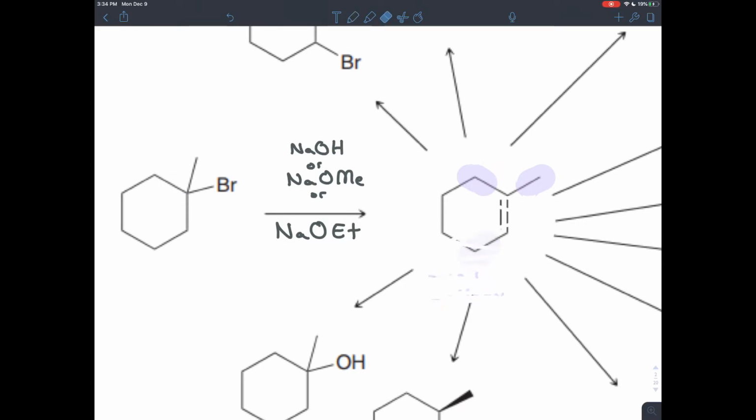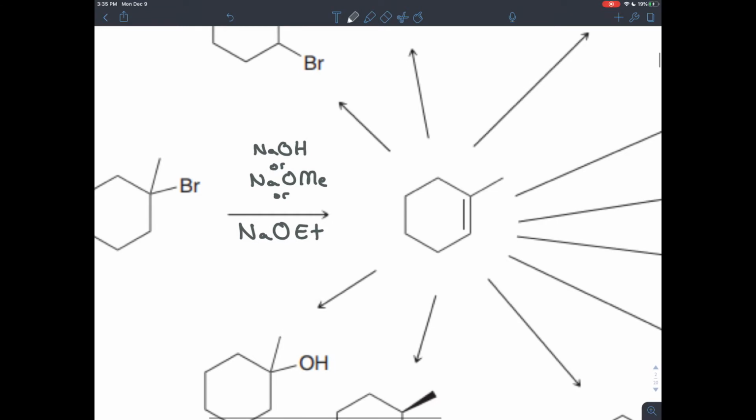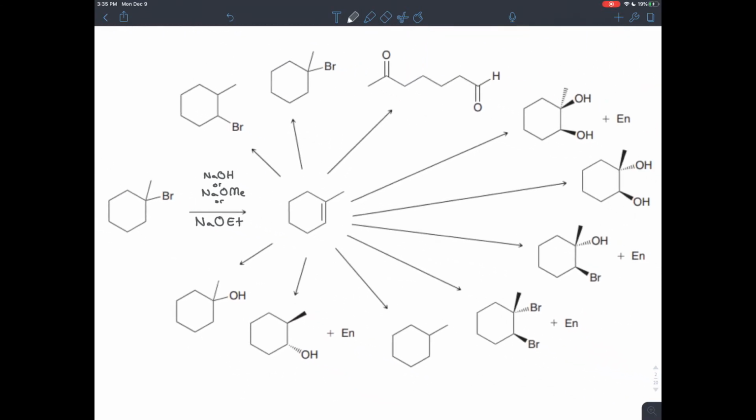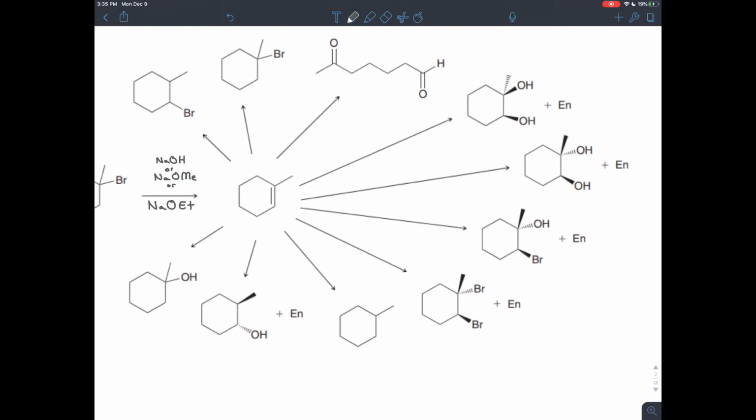And that illustrates why having a halogen on this molecule is so exciting. Because once you have a halogen, you can do this elimination reaction, and when you do an elimination reaction, all of the addition reactions are available to you. So let's think about all of these many, many addition reactions one by one.